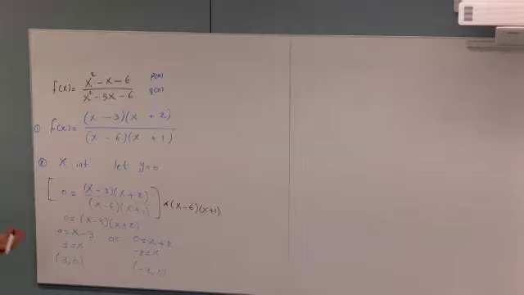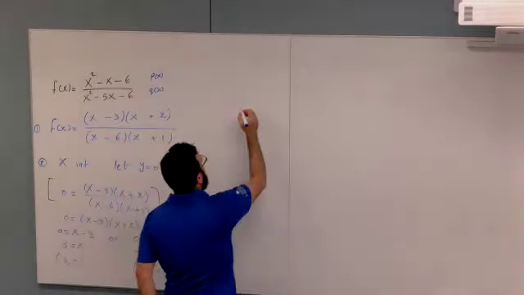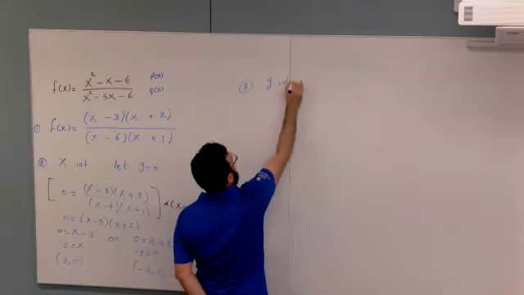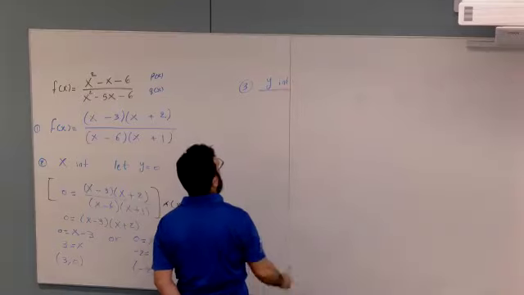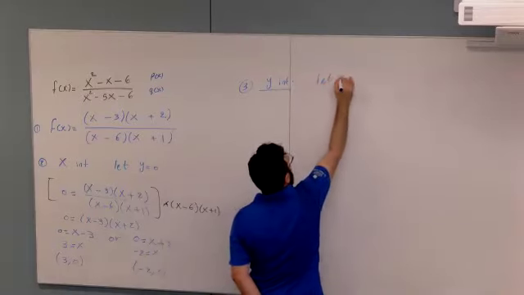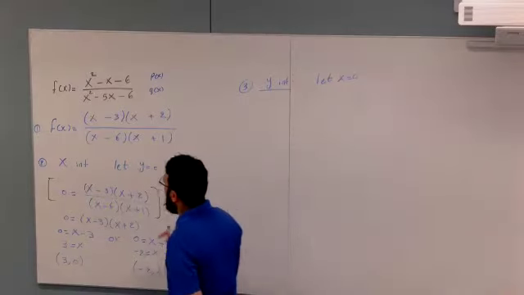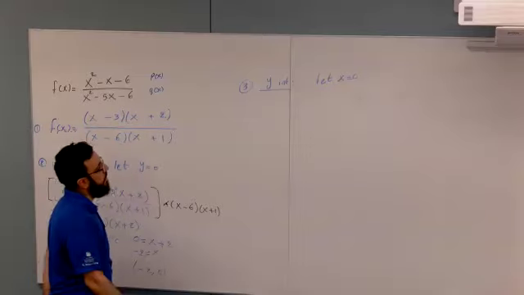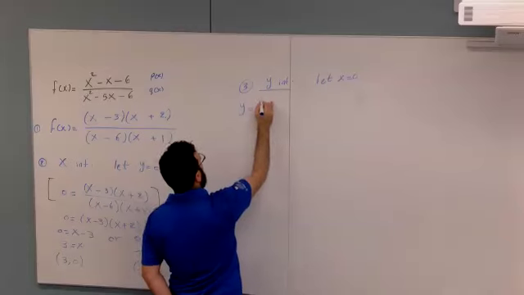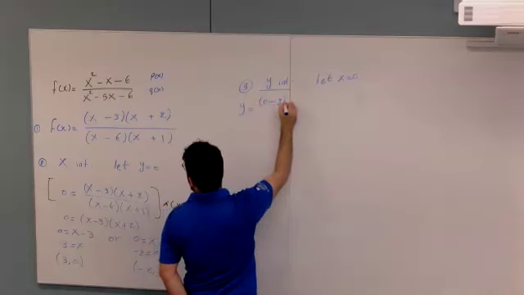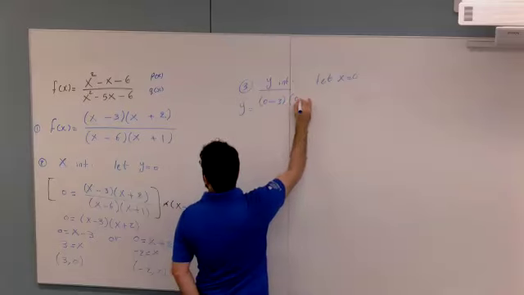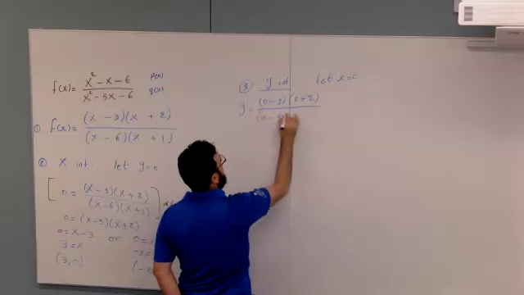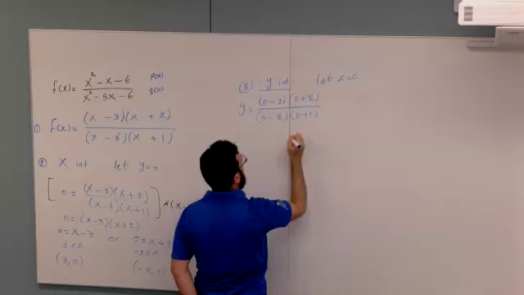Okay? Now, step 3 is what? Find the y-intercept. How are we going to find the y-intercept? Let x equal 0. We'll go back to this one. 0 here, 0 here, 0 here, and 0 here. That means y is going to be equal to 0 minus 3 and 0 plus 2, over what? 0 minus 6, 0 plus 1.